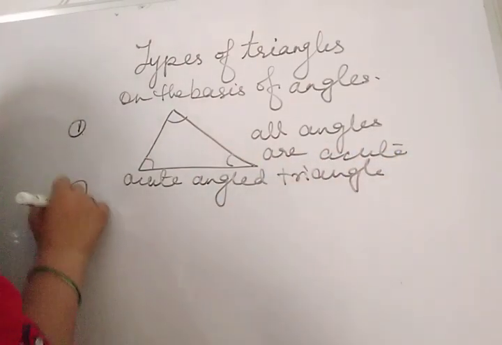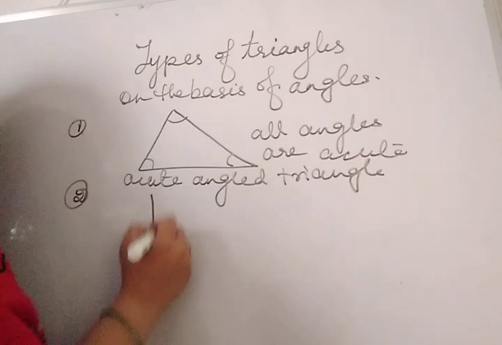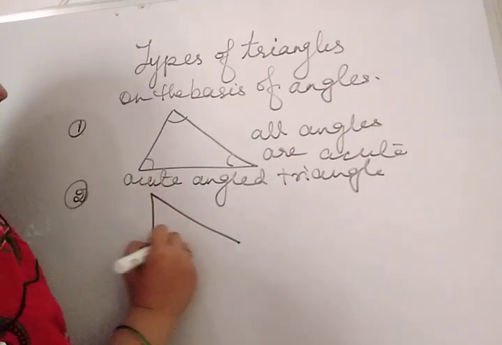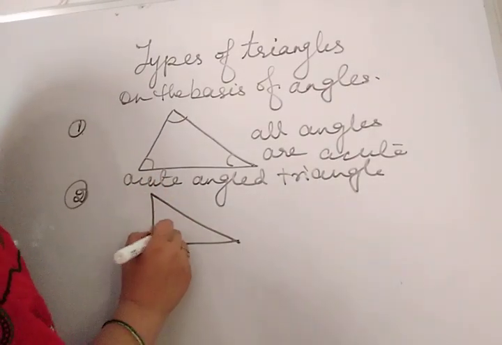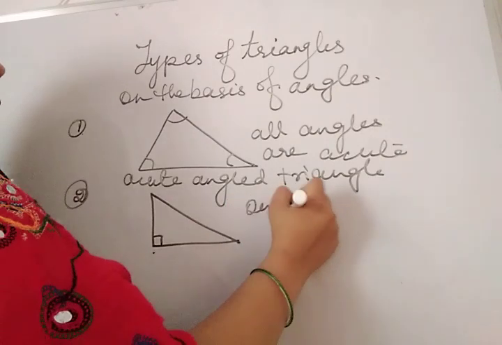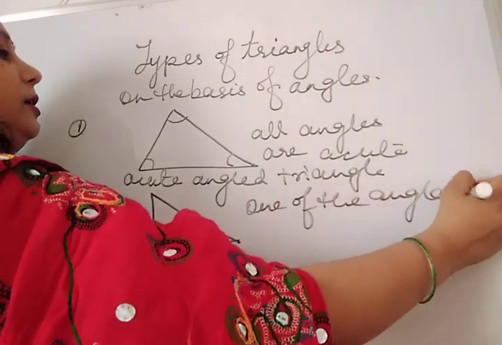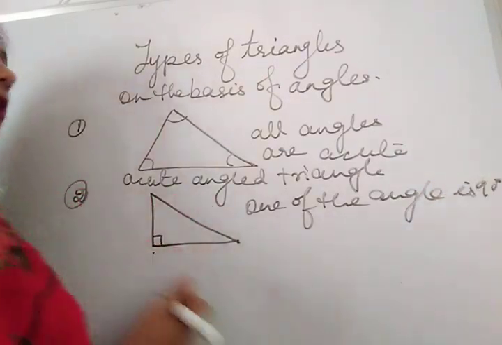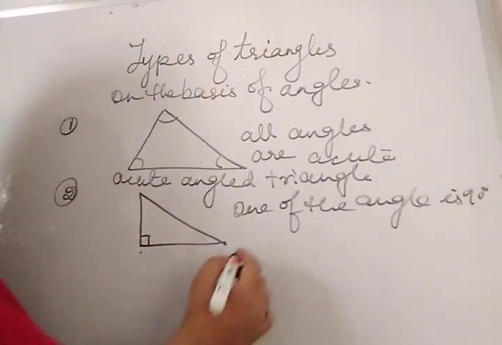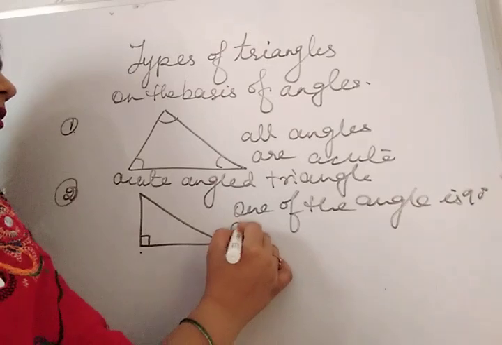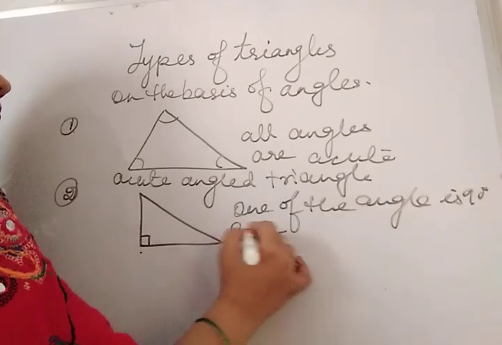Okay, if one of the angles in a triangle is 90 degrees, then the triangle is said to be a right angled triangle.